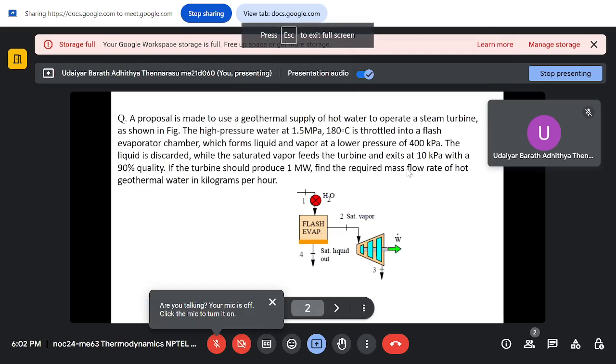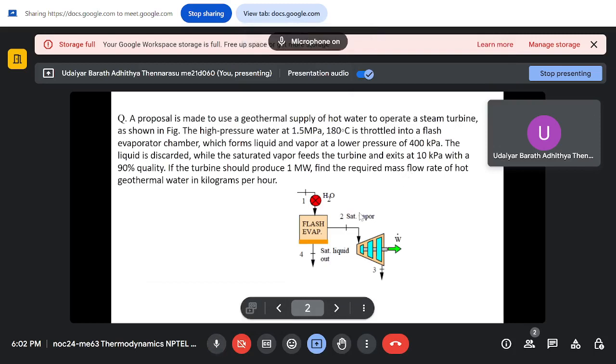So in this case, we are using a geothermal hot supply of water to run a turbine to generate power. Initially, the water, which is at 1.5 megapascal and 180 degrees Celsius, is throttled into a flash chamber, where it is separated into liquid and vapor, and the vapor is used to run the turbine.